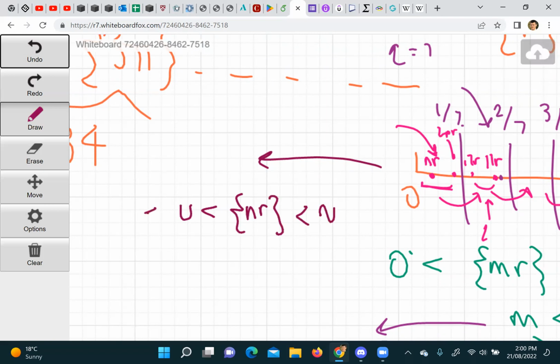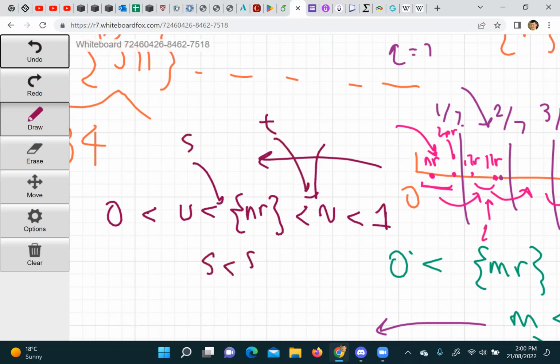So, say we want between any two real numbers. But now we choose rational numbers here, with the same denominator. So S is rational and T is rational. You take that P is less than B minus C. It's all you need, the same denominator.